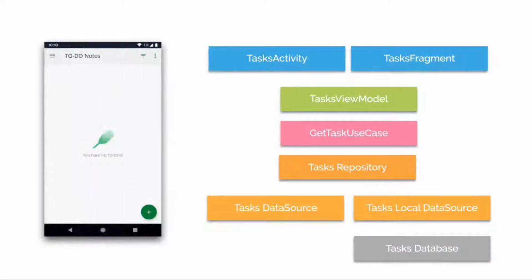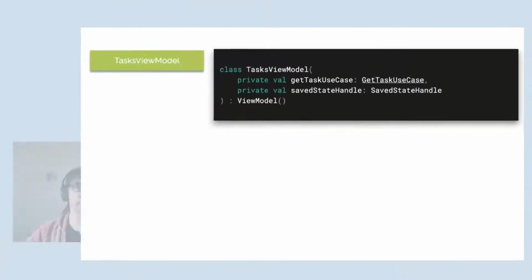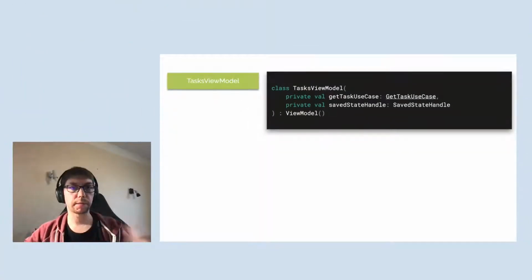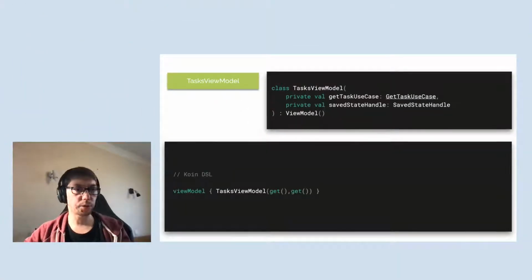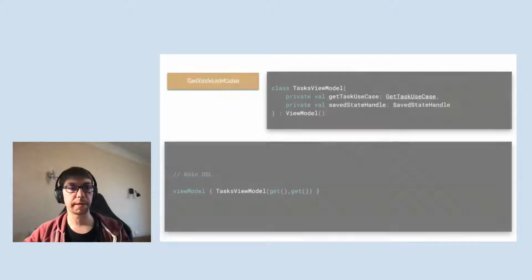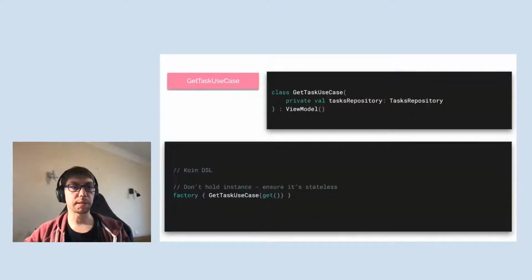Finally, we can introduce a use case or an interactor in between your view model and your repository. This is how we can handle it with Koin: you still get your view model like we were doing, but we change the dependency to the GetTaskUseCase here. And our use case will be just a factory of the GetTaskUseCase class that is also resolving its task repository.